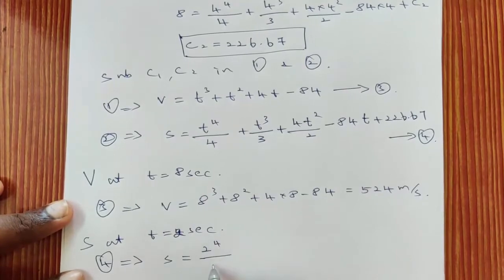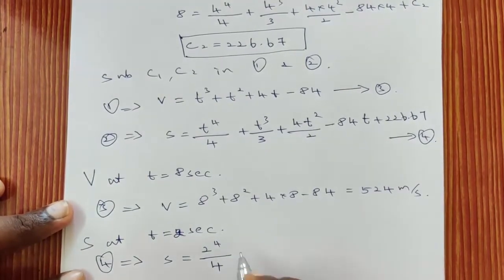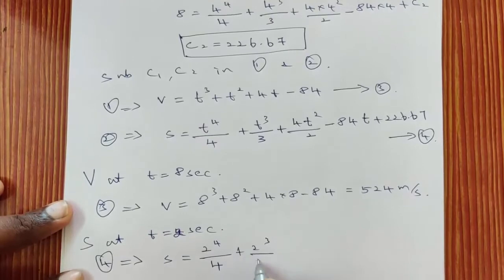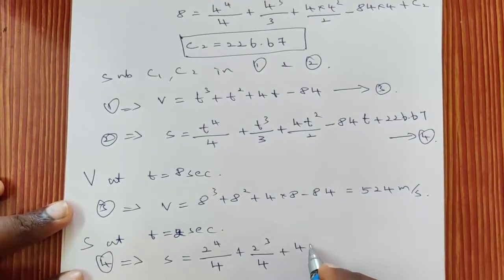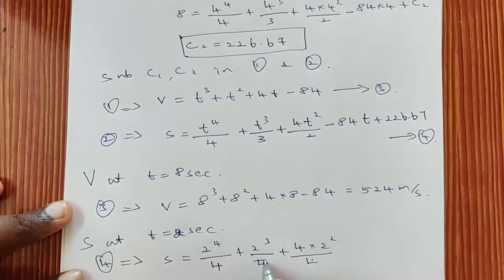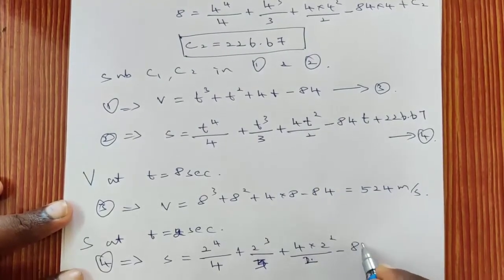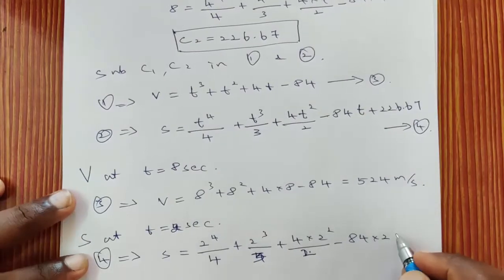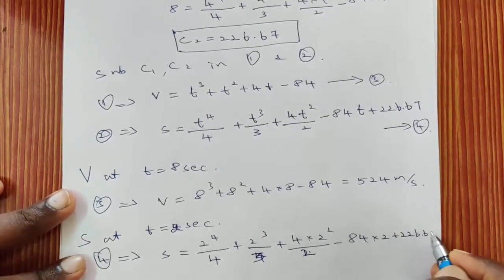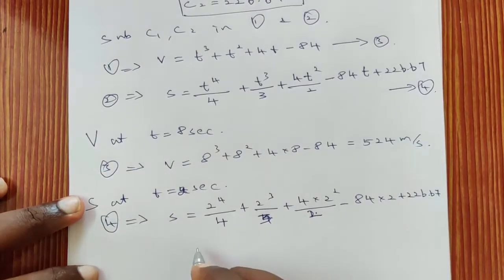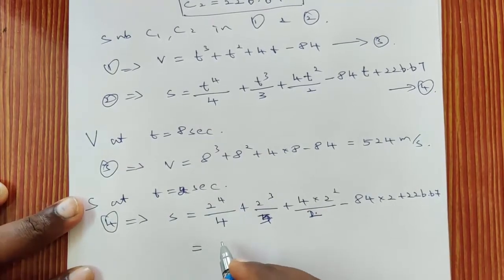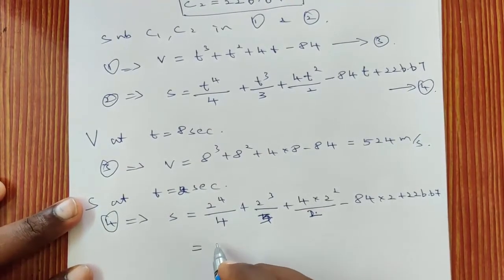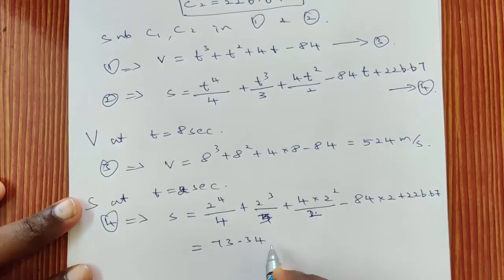It is 2 power 4 by 4 plus 2 cube by 3, 4 into 2 square by 2 minus 84 into 2 plus 226.67. So if you solve this equation, finally you will get S is equal to 73.34 meter.